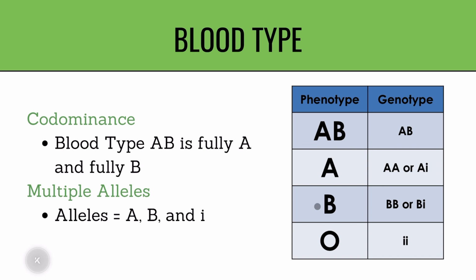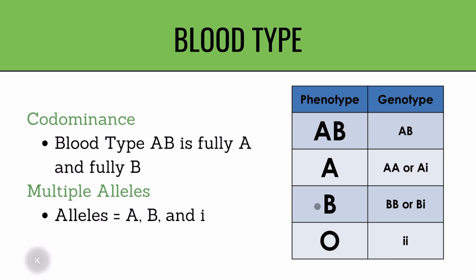So there's only one genotype that can code for AB because I have to have one A allele and one B allele. There's also one genotype that would code for blood type O. O is a recessive blood type, so I have to have 2 recessive alleles, which in this case is represented by that lowercase i.